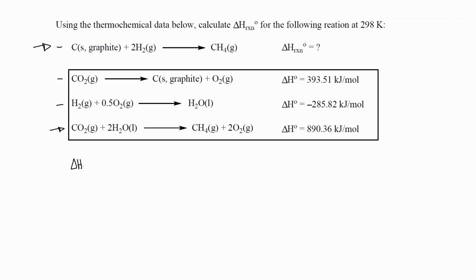So our delta H of reaction for the third reaction is equal to 890.36 kilojoules per mole. That is equal to the enthalpy of formation of the products minus the enthalpy of formation for the reactants. So our first product here is CH4 plus 2 times the enthalpy of formation of O2 gas.